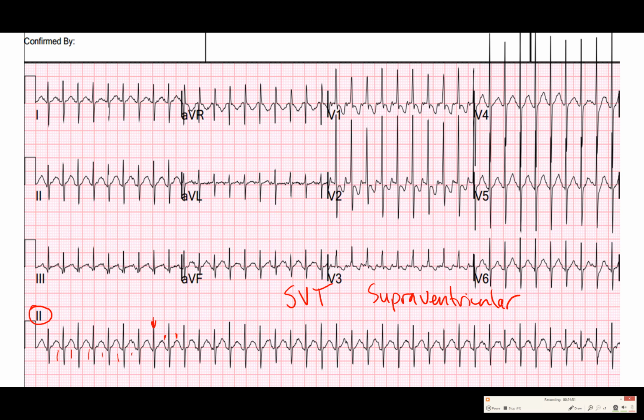So this is a common one that you'll see. It's really common in young people. If a young person has palpitations, this is probably what you're going to find if you do the EKG, if there's an abnormal rhythm. And it's fairly easy to identify once again. Once you see it, very fast, very narrow, very regular, more than 150, supraventricular tachycardia.